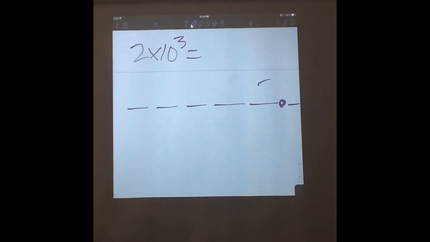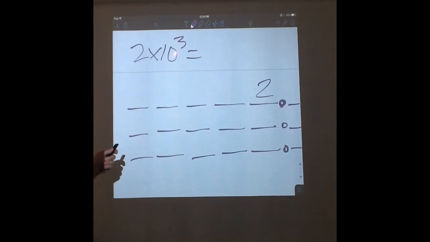Okay, so where do I put my 2? I put it right here, right? Yes. Because it's in the ones place. It's a whole number. So what am I going to do now with the 10 to the third power? Well, my 10 to the third power means my 10 has how many zeros? It has 3, right? So I can move this over how many times?